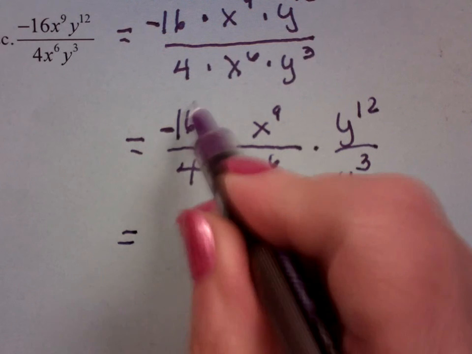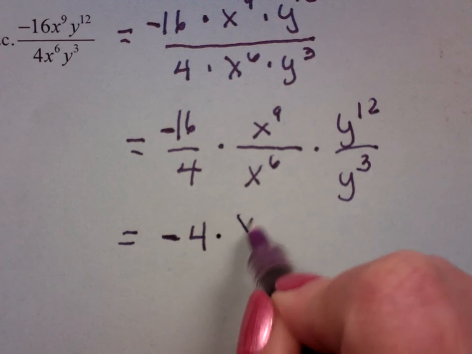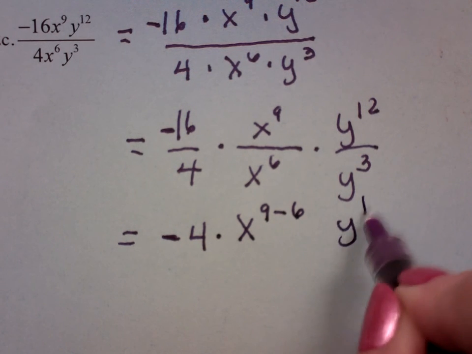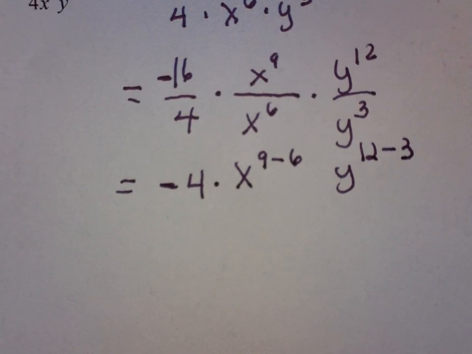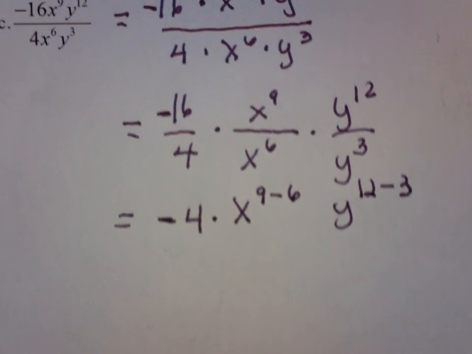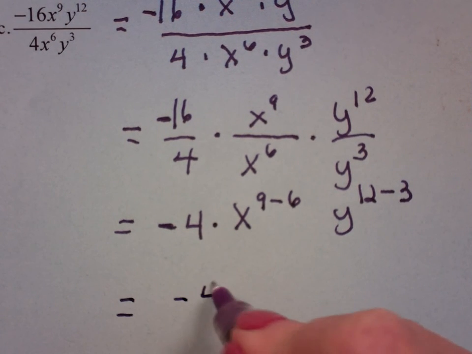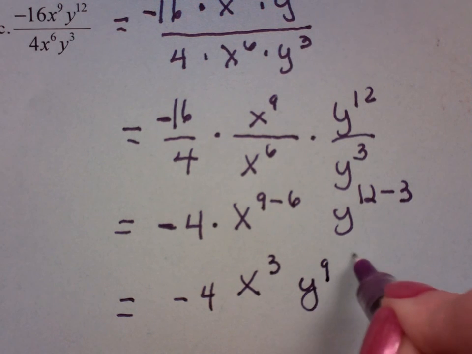So that 4 into negative 16 is negative 4. This is x to the 9 minus 6, y to the 12 minus 3. Which then becomes negative 4, x to the 3, y to the 9.